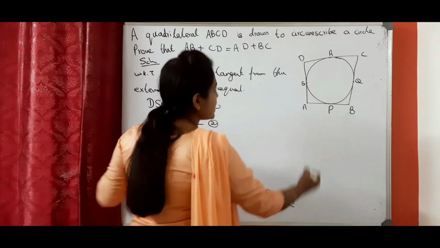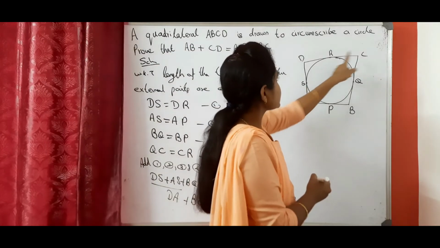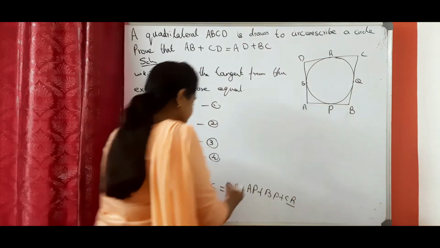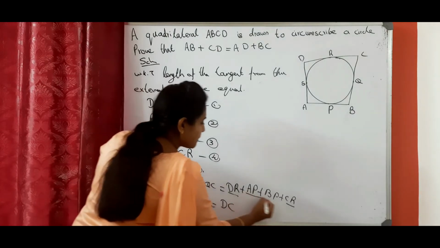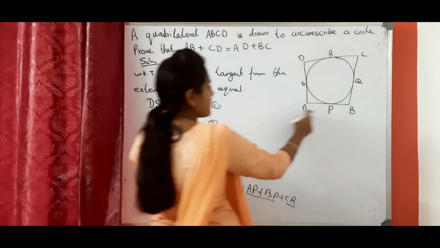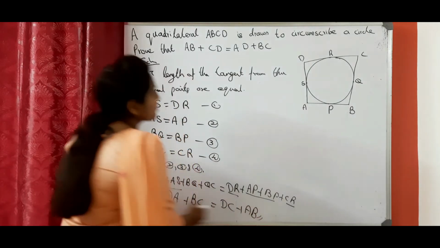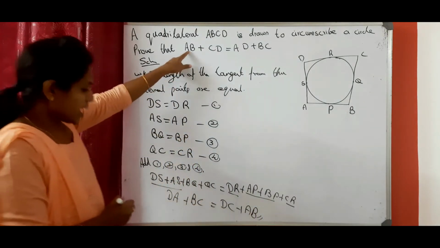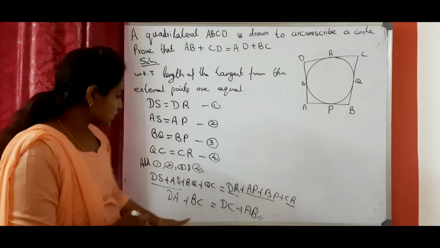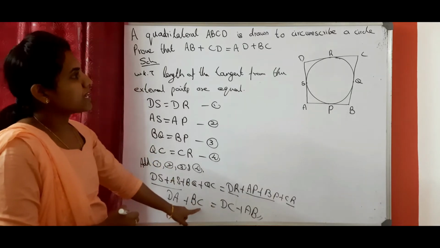DR plus CR, we can write DC. AP plus BP equal to AB. This one only we need to prove: AB plus CD equal to AD plus BC.